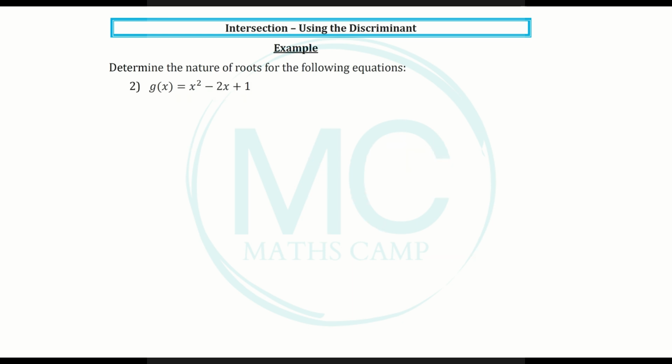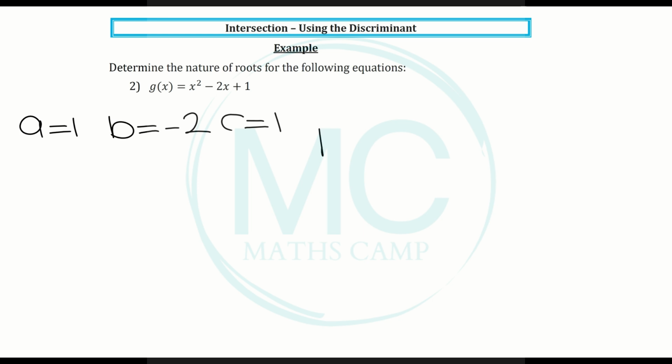Let's do another one. g of x is equal to x squared minus 2x plus 1. In this case, a is 1, b is negative 2, and c is 1.